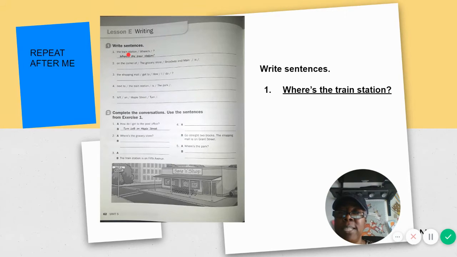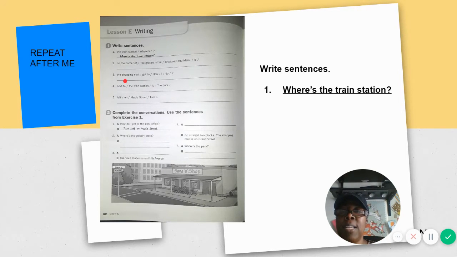So here we have the train station, we have where's, and then we have a question mark. So to make a correct sentence, it's where's the train station? So repeat after me. Where's the train station? Where's the train station? Very good.